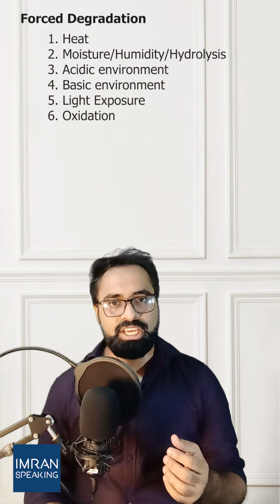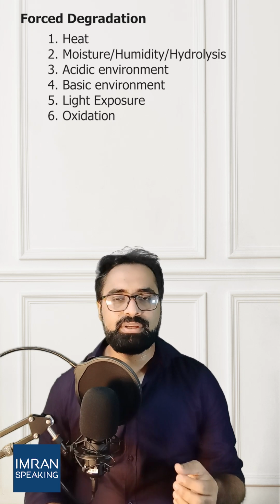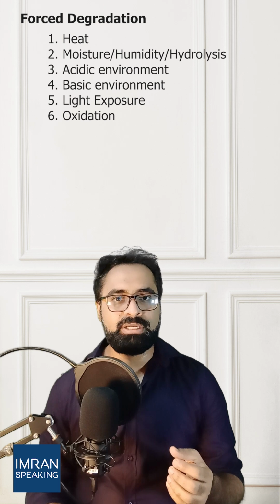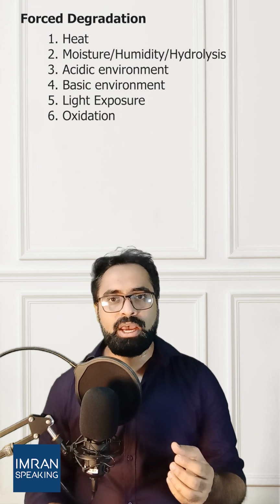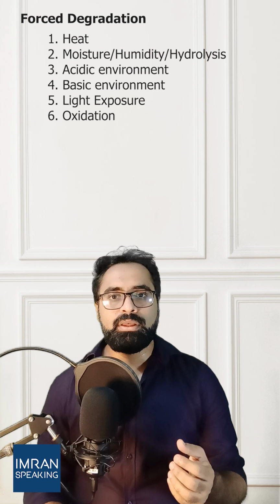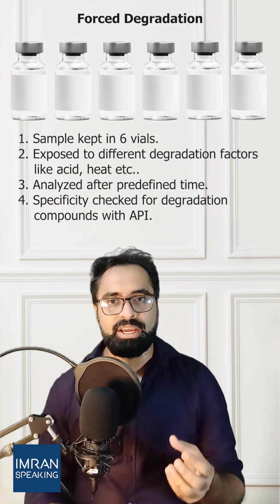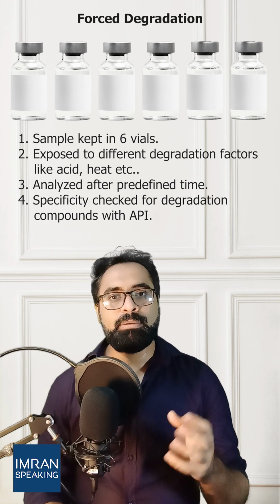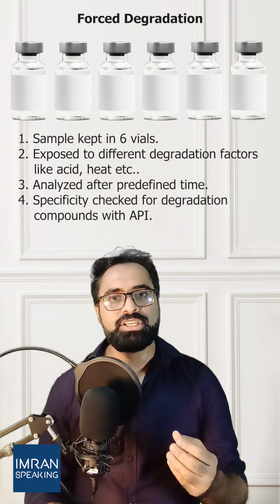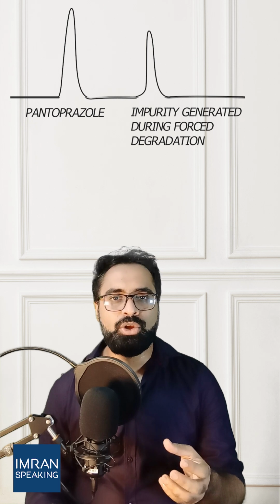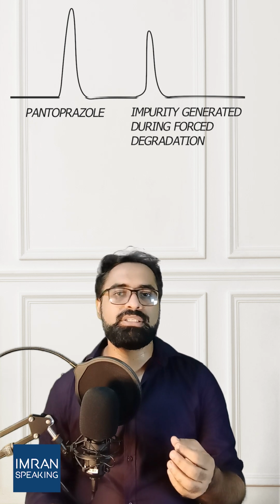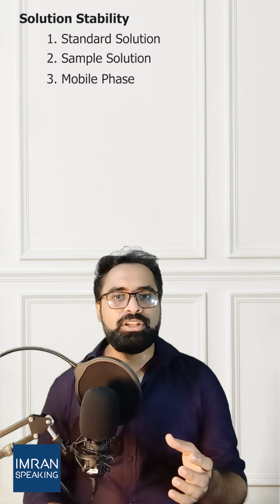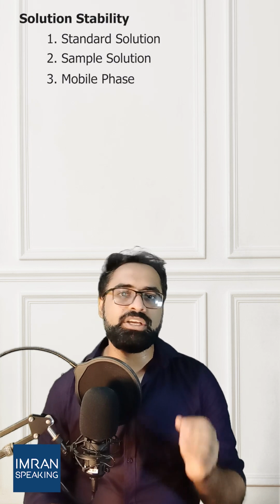These 6 factors are heat, moisture or hydrolysis, acidic environment, basic environment, light exposure, and oxidation. Products are exposed for a justified amount of time to these environments and analyzed with the method. The method should be capable enough to isolate degradation responses to predict the accurate amount of API remaining or impurities generated during the stability period.